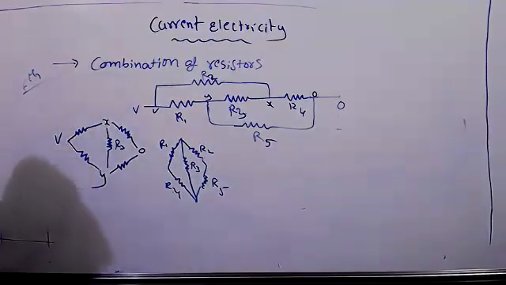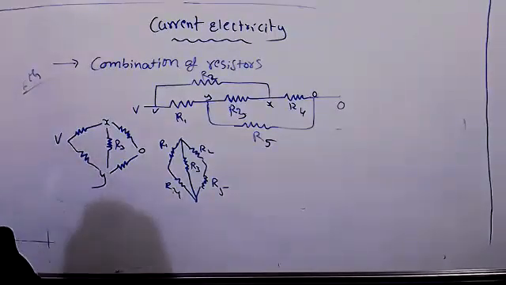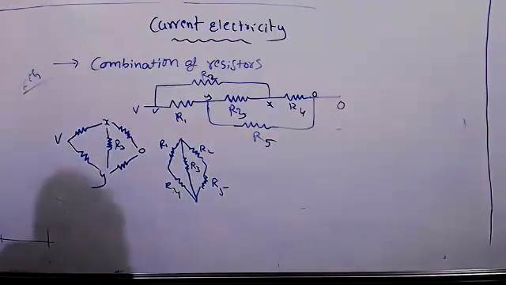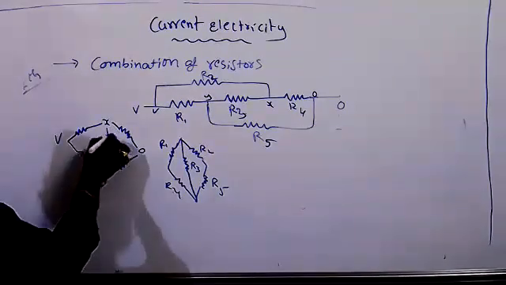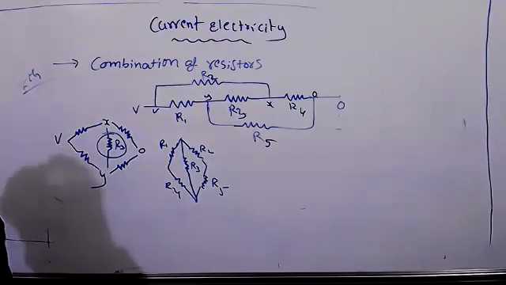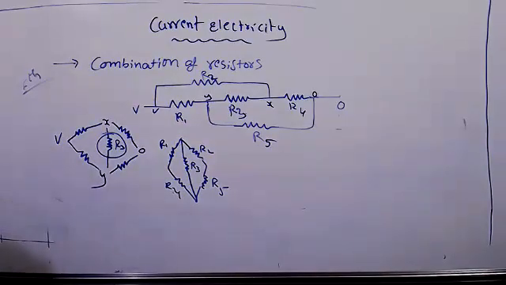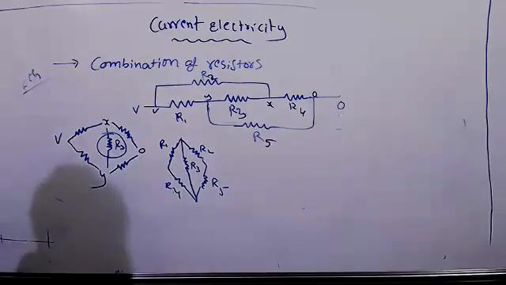Now what will happen? This method we have solved, one problem we solved in this method. Sir, R3 will be eliminated, no, sir? Yes, R3 will be eliminated. That's what it is based on: the balanced Wheatstone bridge that we have learned in Kirchhoff's laws.